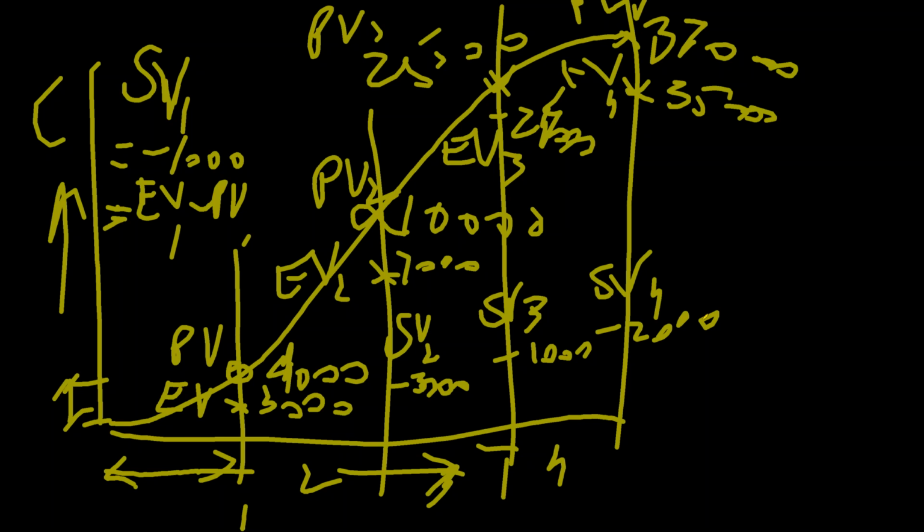Okay, to give a bit more sense to this, we will use another way. If I have two projects, on one project I have a schedule variance of minus 1000. On another project I have a schedule variance of minus 10,000. Which project is going well? The first one, with minus 1000, apparently.